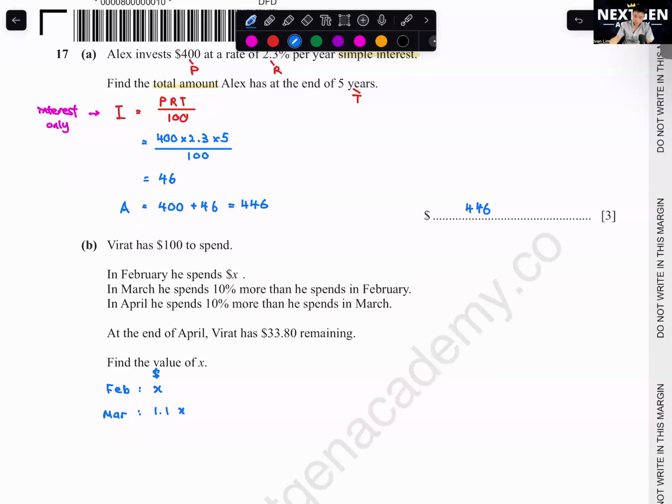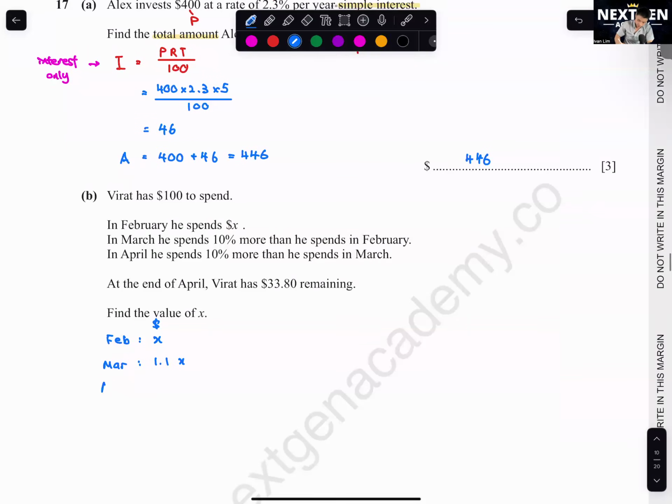Then April, 10% now based on March. We repeat the same thing again. April, it will be 1.1 times 1.1x, because it's 1.1 of the March spending. Okay, so we have to learn how to write down this expression first. Now, how do we write it into an equation?